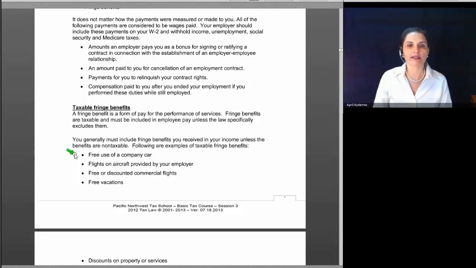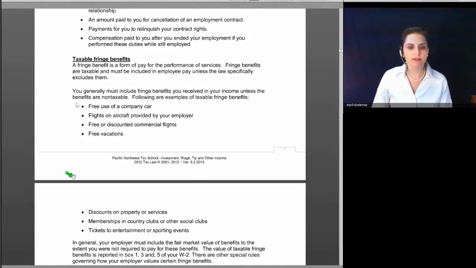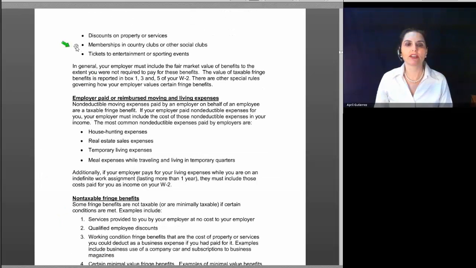The following are examples of fringe benefits that are fully taxable. Free use of a company car. Flights on aircraft provided by your employer, free or discounted commercial flights, vacations, discounts on property or services, memberships in country clubs or other social clubs, and tickets to entertainment or sporting events.